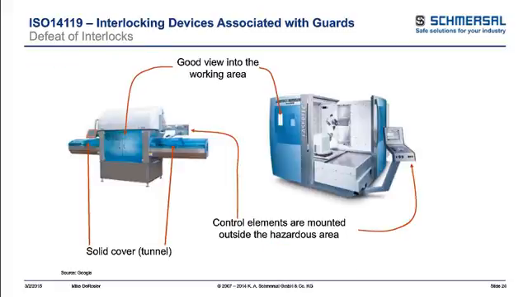What do we mean by that? As you see some examples here. Well, why are people motivated to defeat? One of the first things could be they can't see what's going on. If you design guards that are easy to see through, whether it's a black mesh versus yellow mesh or having clear glass or Lexan, you can see everything that's going on in the work area. It's clear, it's clean.